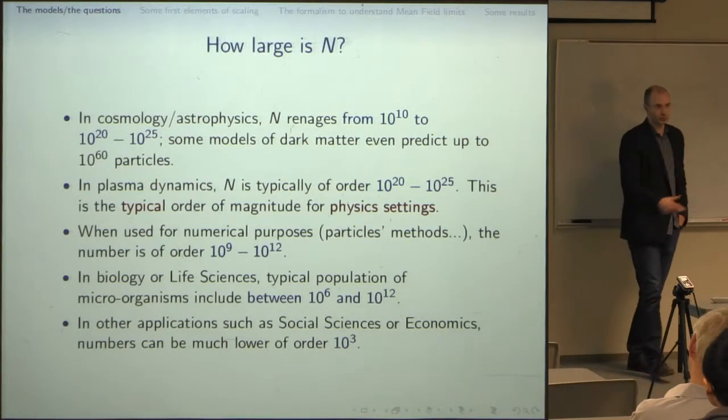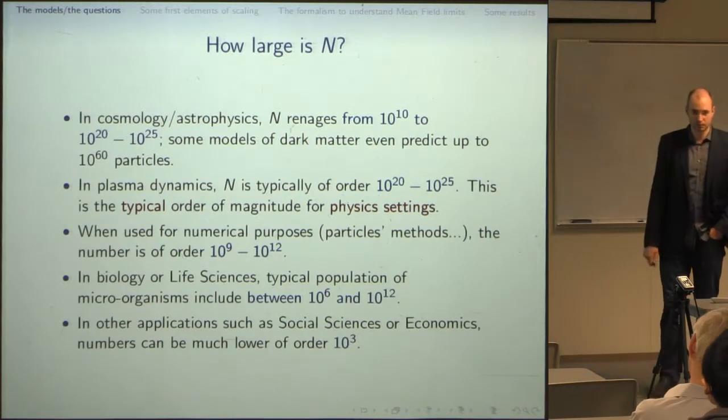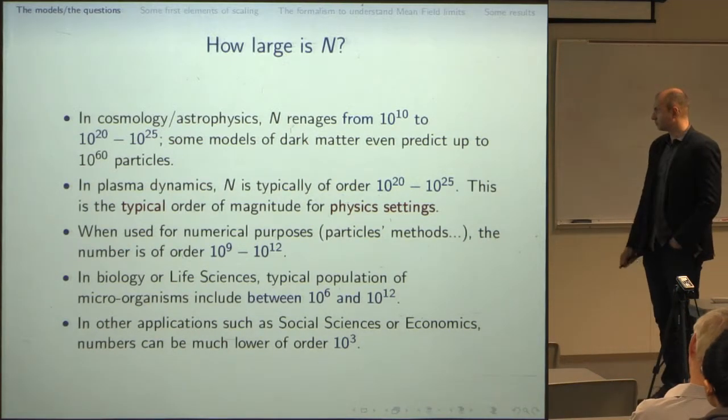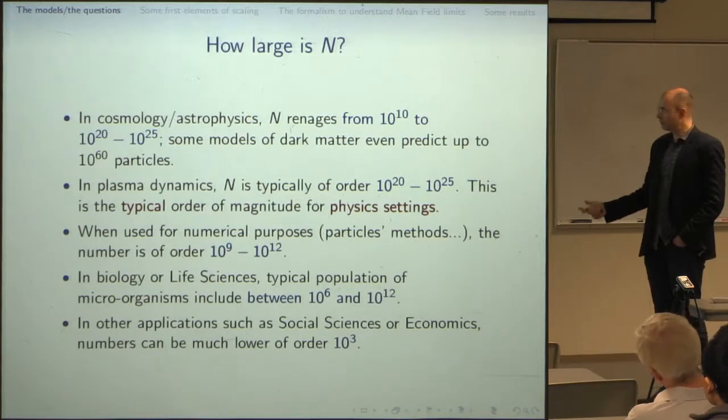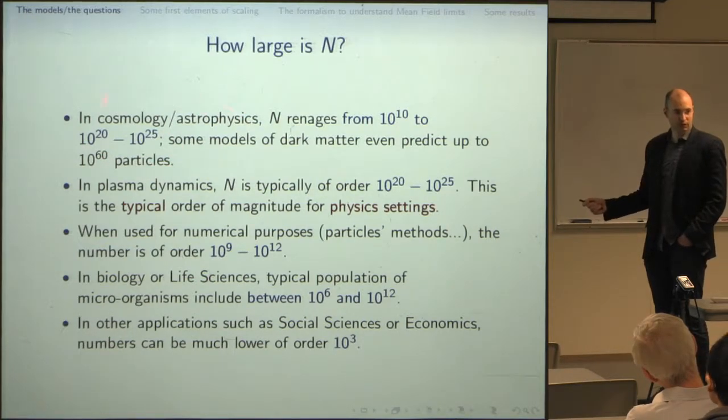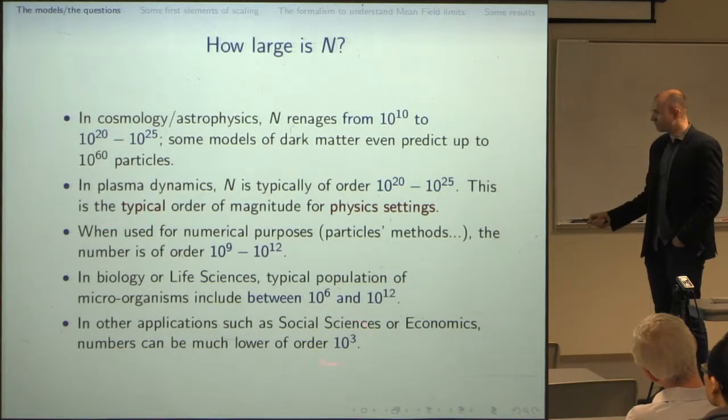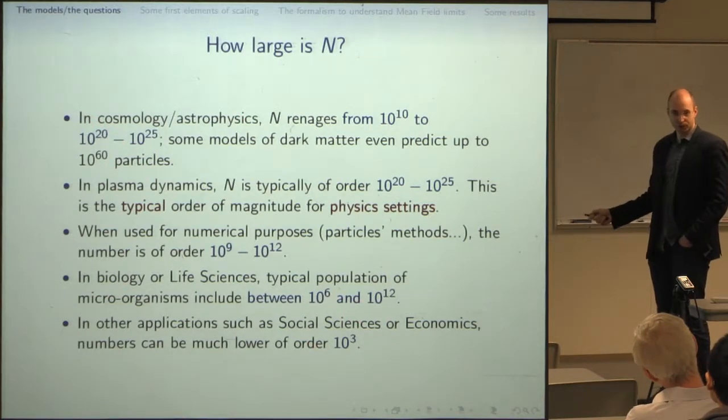Maybe 10 to the 4, 10 to the 5. So this is how large n can be. And as you see, this forces us to be a little bit careful, because at those scales, you really readily believe that we are very close to whatever limit exists. At that scale, well, maybe not so much.